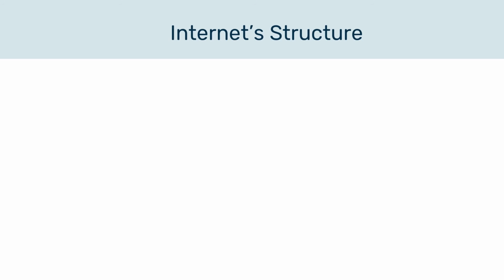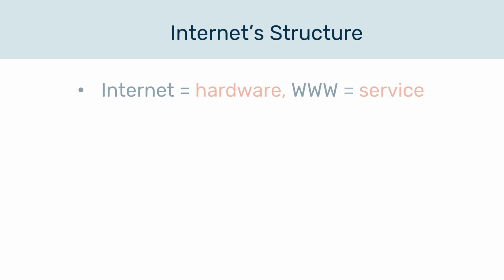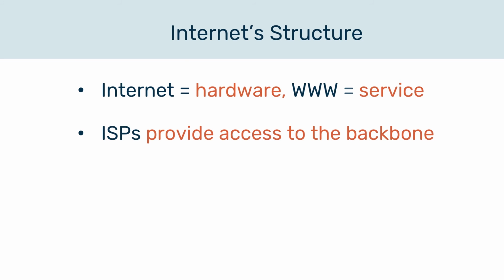Right, so let's revise what we just covered. The internet is a worldwide network of networks that follow the protocol stack TCP/IP. The web is just a service hosted on the internet. Internet service providers are organizations that provide access to the backbone of the internet.